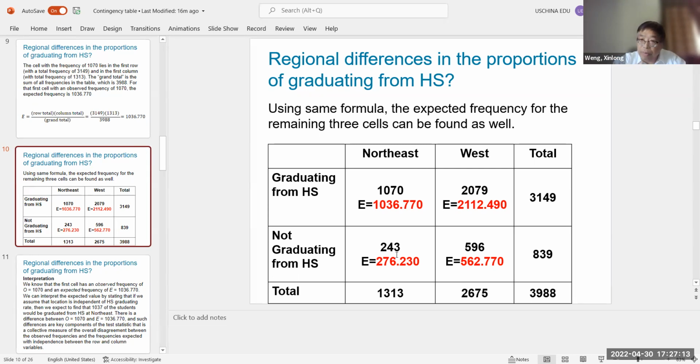Oh, the fundamental assumption, which says location has nothing to do with the high school graduation rate, was very likely wrong.